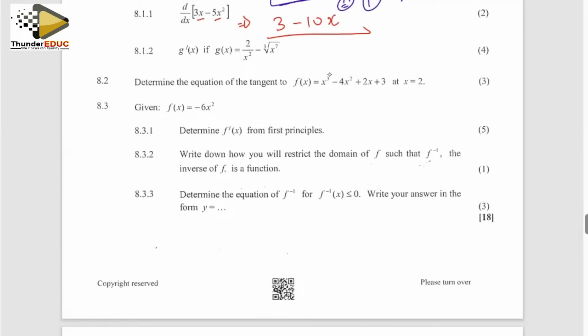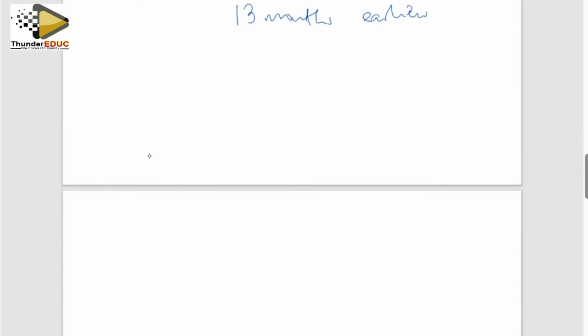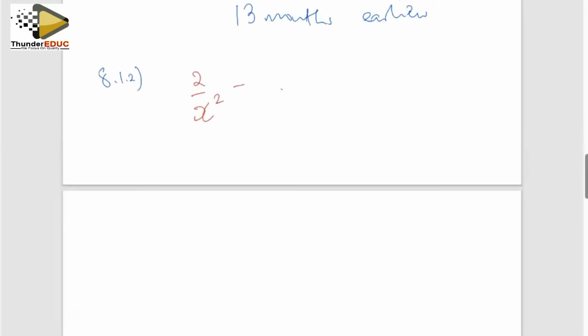And then 8.1.2, we have 2 over x squared minus, we have the cube root of x to the 7. So we need to change this, take it on top, 2x to negative 2 minus cube root is going to be x 7 over 3.